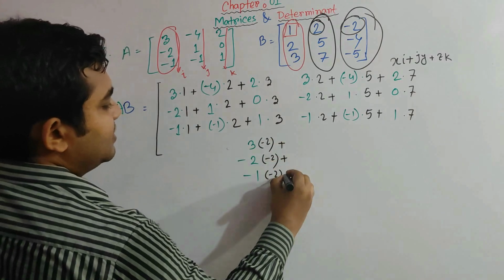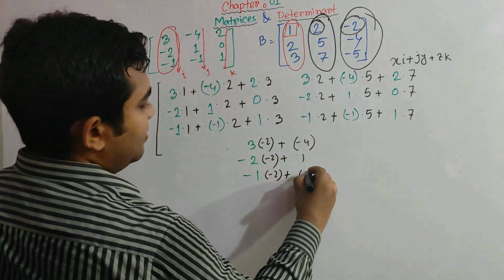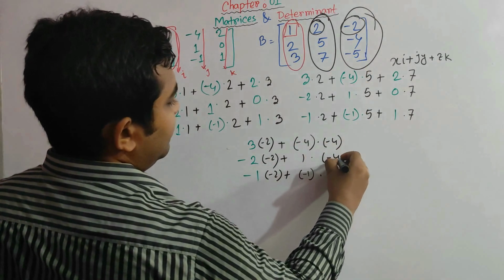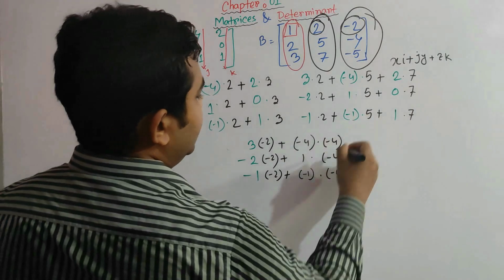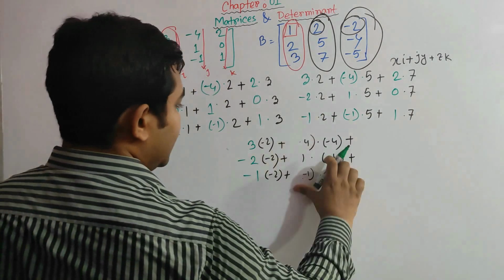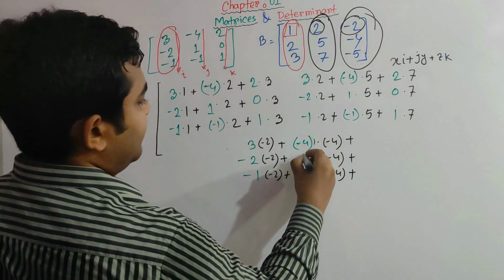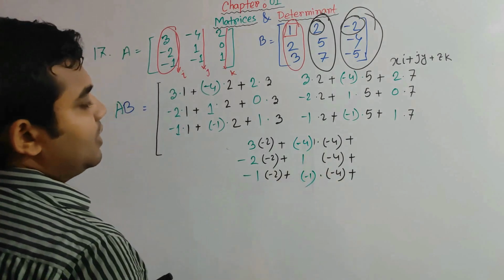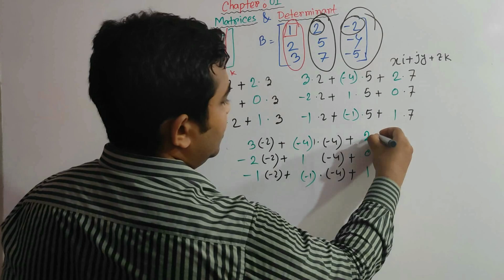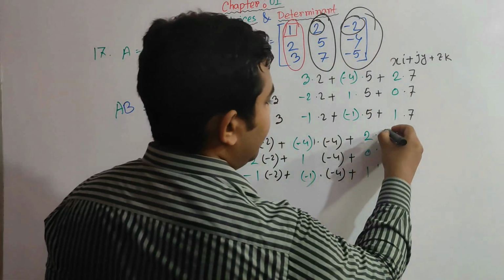Take a plus, and write here minus 4, 1, minus 1 multiplied with minus 4, and take a plus. I'm using this color so that you can recognize it very easily. And now 2, 0, 1 should be multiplied with the last entry, that is minus 5.